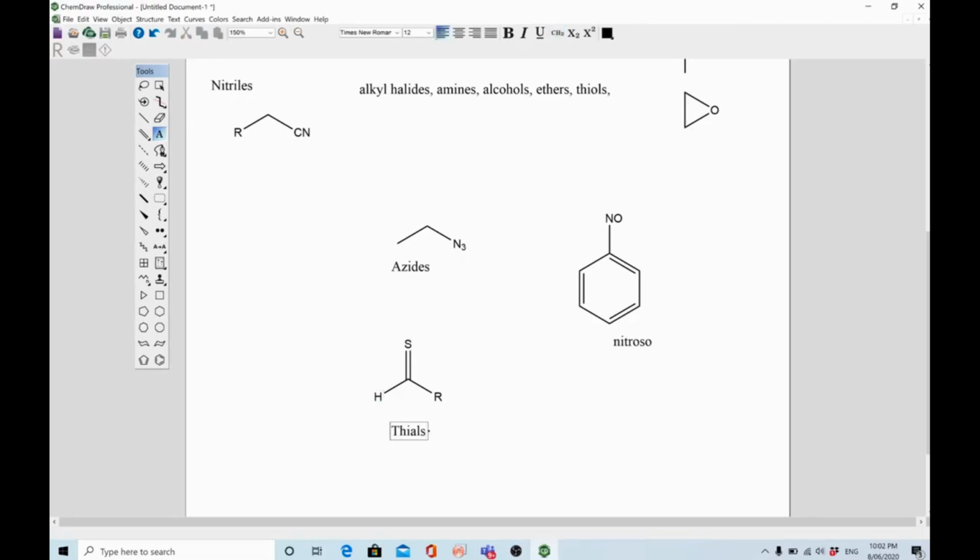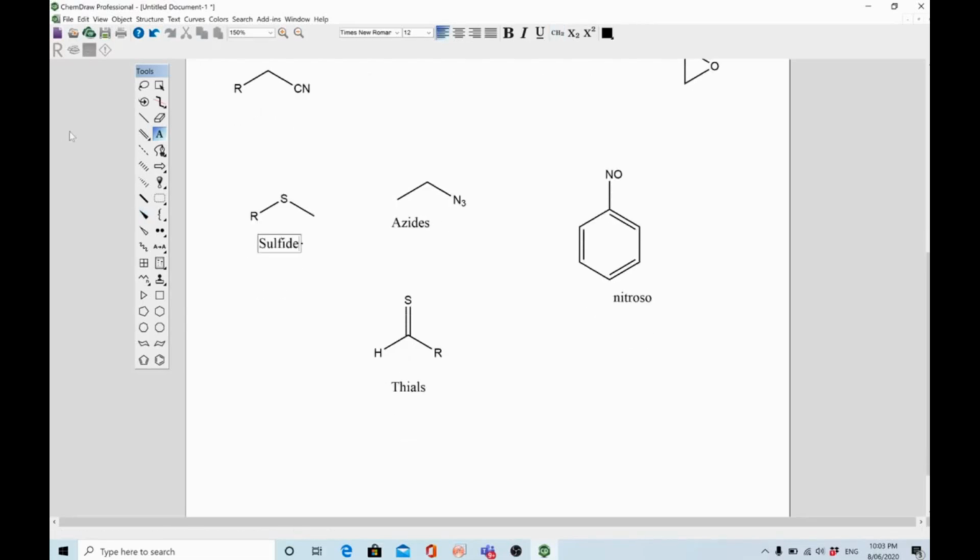And sulfides, they contain sulfur, like the one discussed earlier. So one sulfur, sulfide, and azo compounds.